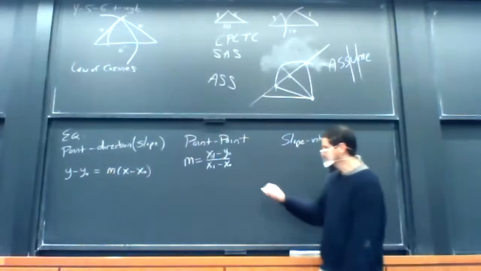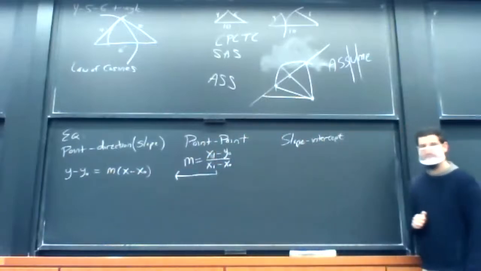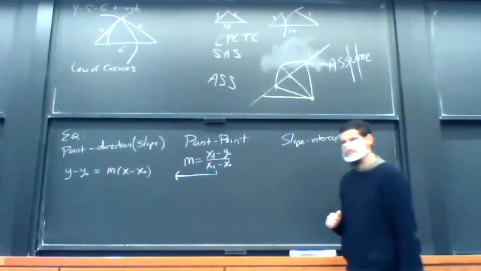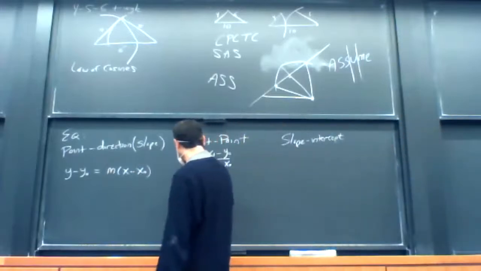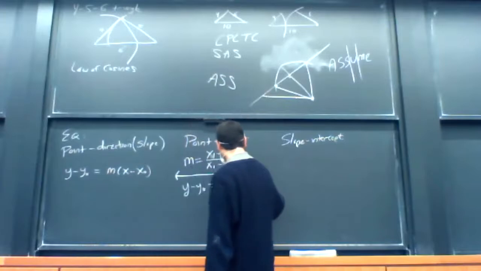And now that I have that, then I go back and I use point direction. I could write it down directly as y minus y naught equals y1 minus y0 over x1 minus x0, times x minus x naught.